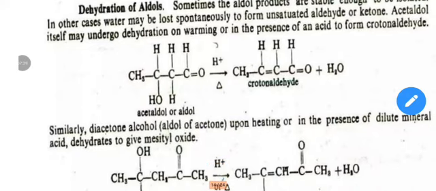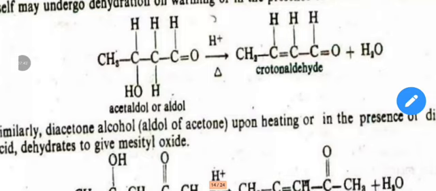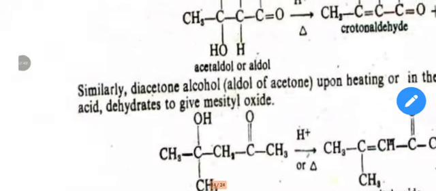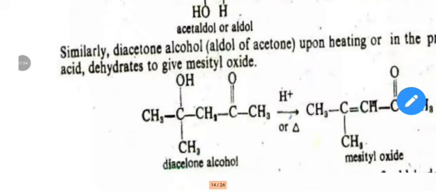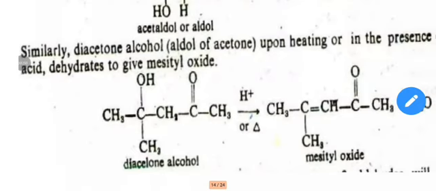Similarly, diacetone alcohol, or aldol of acetone, upon heating or in the presence of dilute mineral acid dehydrates to give mesityl oxide. Diacetone alcohol is heated to form mesityl oxide.